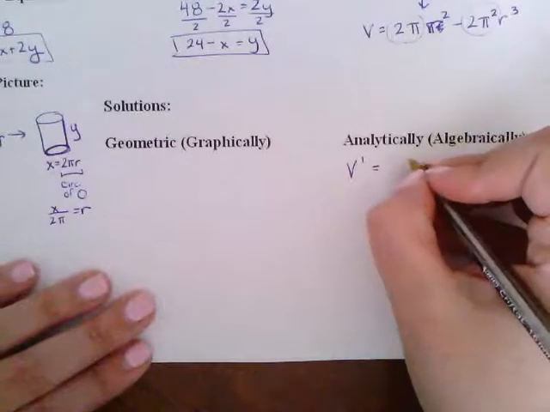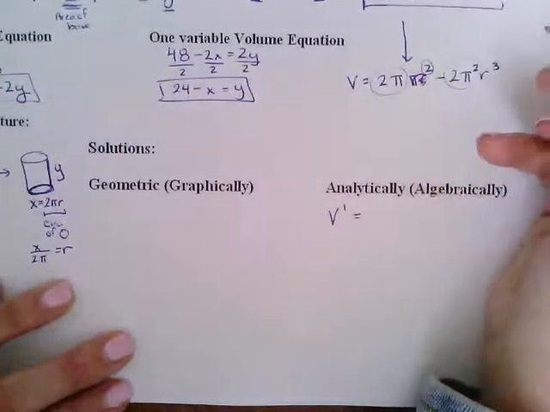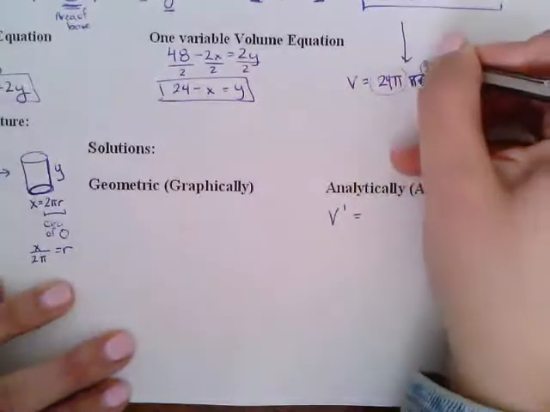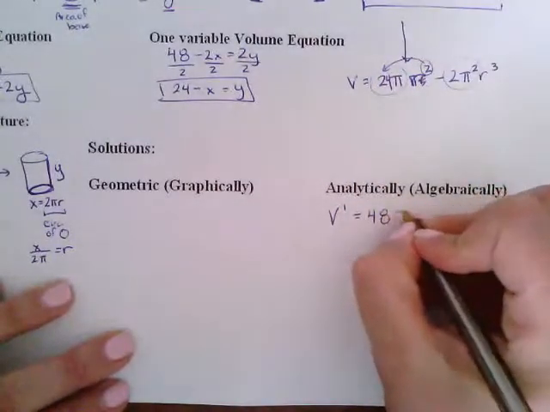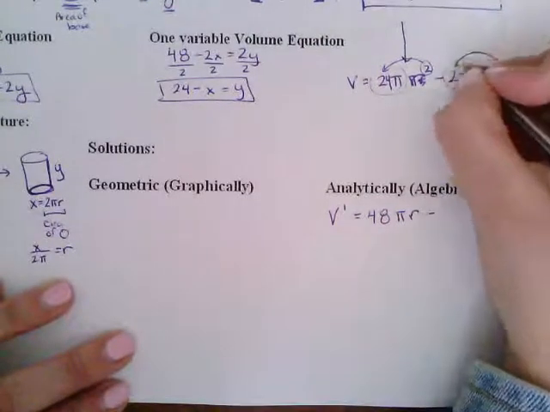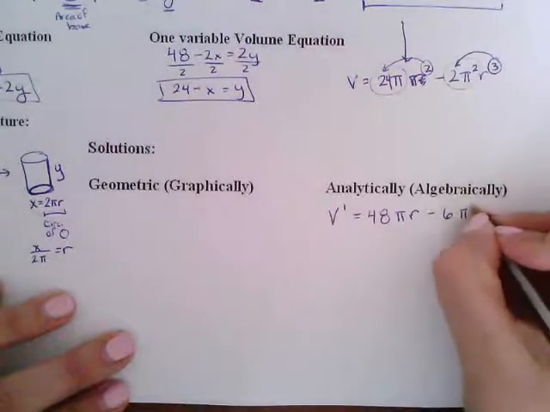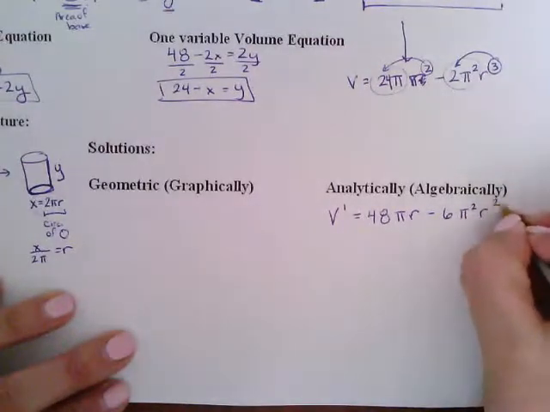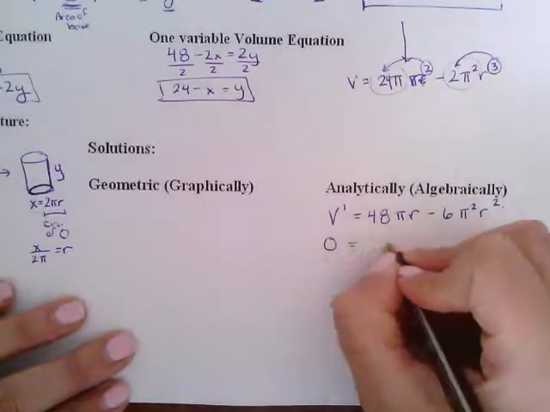So V prime is going to be, I forgot the 24 here, sorry. The 2 comes down, so that becomes 48 pi r, minus, the 3 comes down, so that's going to be 6 pi squared r squared. And now I'm going to set this equal to 0.